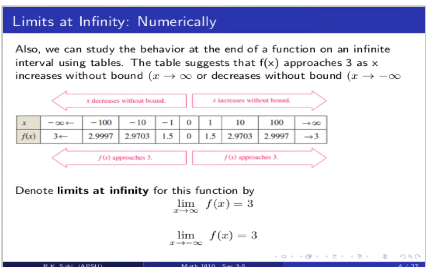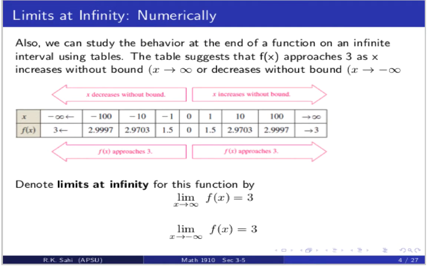It's the same function I'm picking up. Once again, we will study the behavior of the function at the end on an infinite interval using tables. The table clearly suggests it's the same function we just looked at. So as you decrease x, say -1, -10, -100, and so forth, notice how the values are approaching very close to 3.